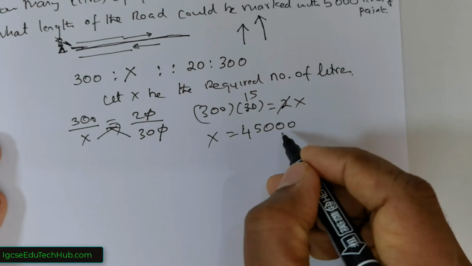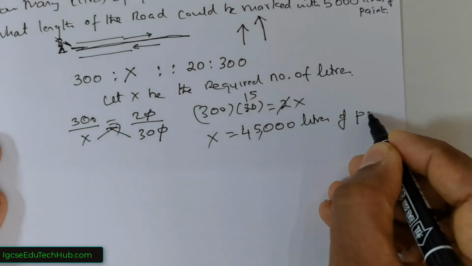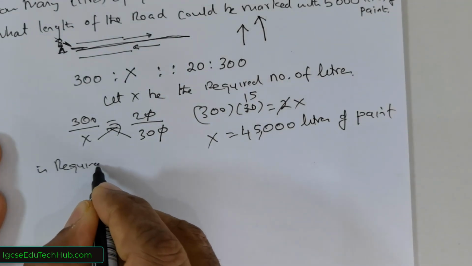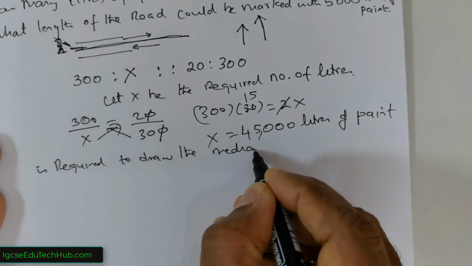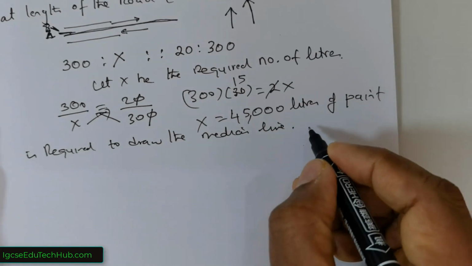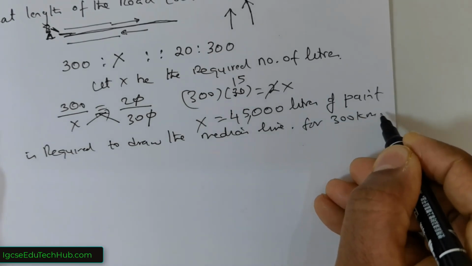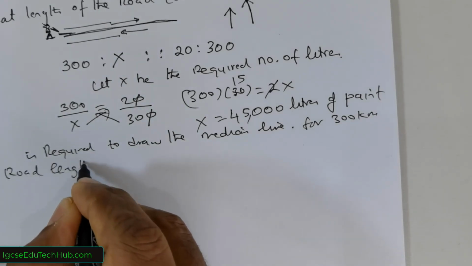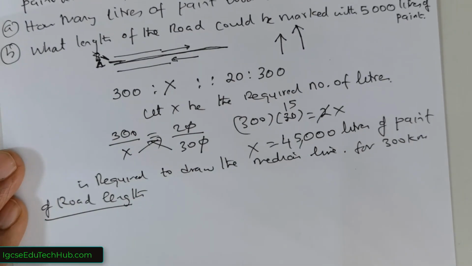So we need 45,000 liters of paint is required to draw the median line for 300 kilometers of road length. So that is the conclusion for this particular question.